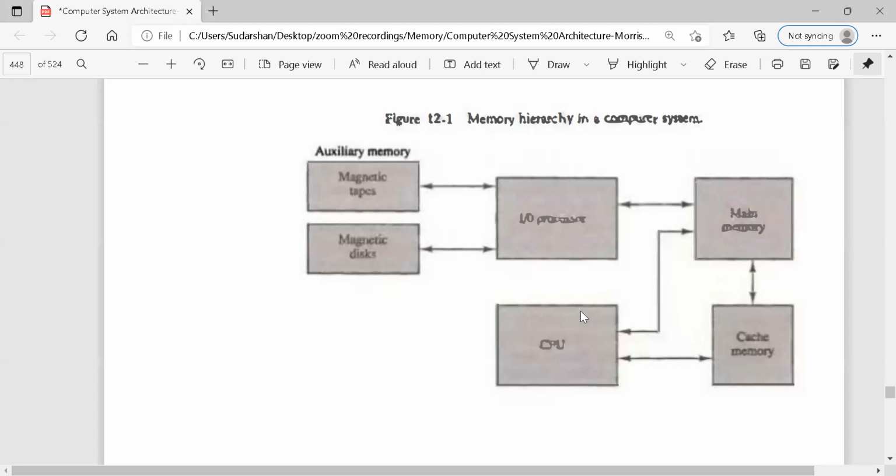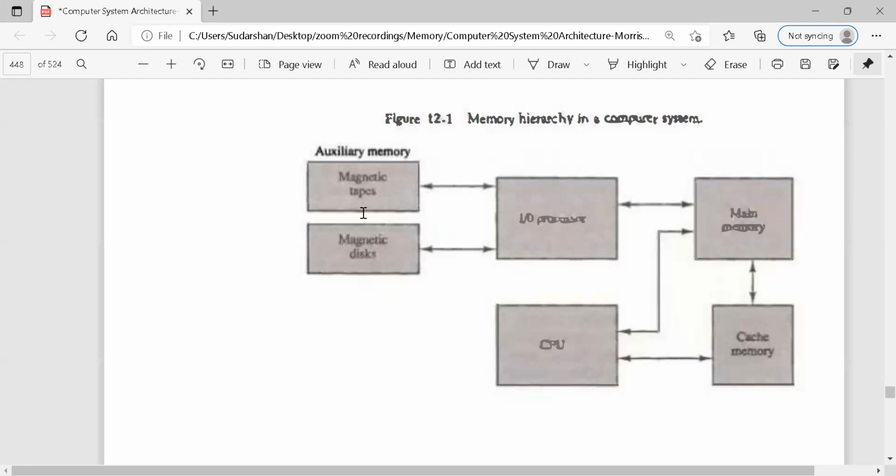Now let us go ahead with your hierarchy. The auxiliary memory is at the outside. They are not directly connected with your CPU. See here, the auxiliary memory or secondary memory, in no way they have a direct connection with CPU. Whereas main memory is directly connected. We'll see what is cache memory a bit later. The cache memory is connected to CPU as well.